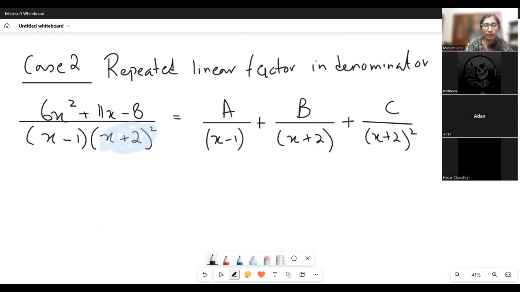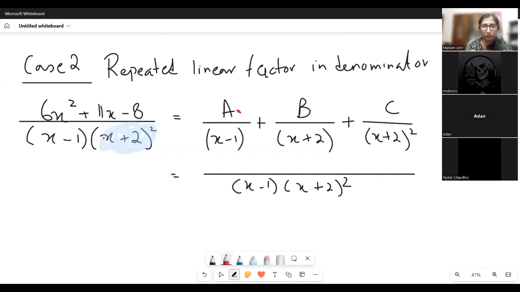So now we're going to take LCM at the right hand side. It's going to be x minus 1 times x plus 2 whole square. So this one, the numerator and denominator gets multiplied with x plus 2 whole square. Here it gets multiplied with x minus 1 and x plus 2. In the denominator as well, x minus 1, x plus 2.